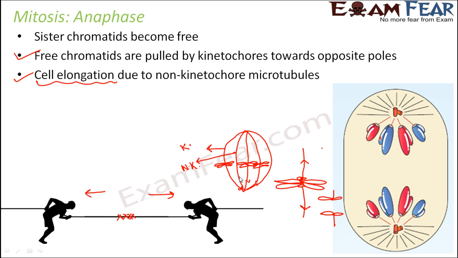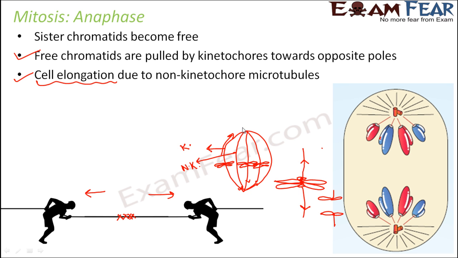But the ones which are non-kinetochore spindle fibers, they are still there. Because of the presence of those non-kinetochore spindle fibers, which are microtubules, those non-kinetochore microtubules will make the cell elongate. So these sister chromatids will move towards opposite poles.